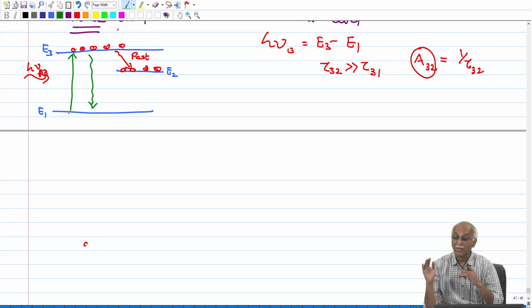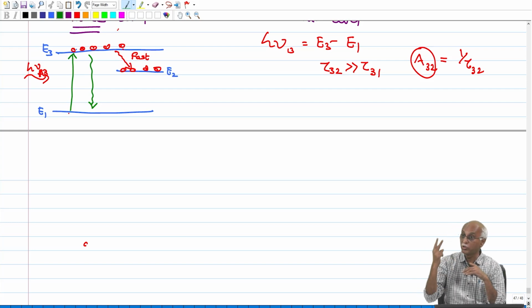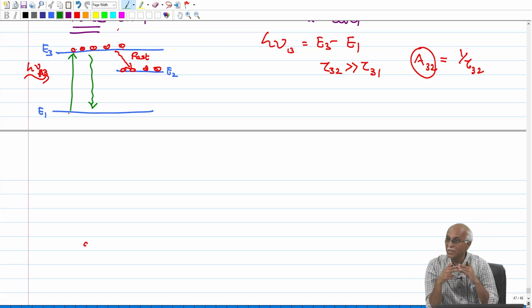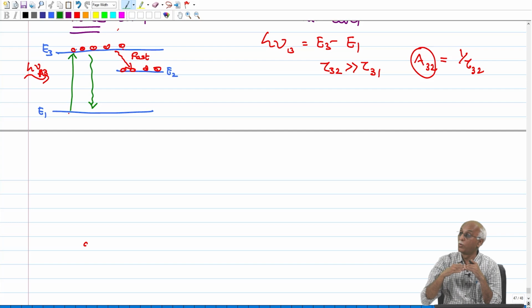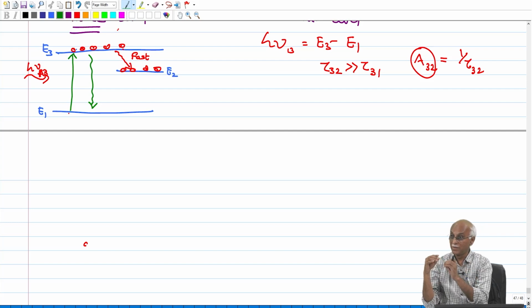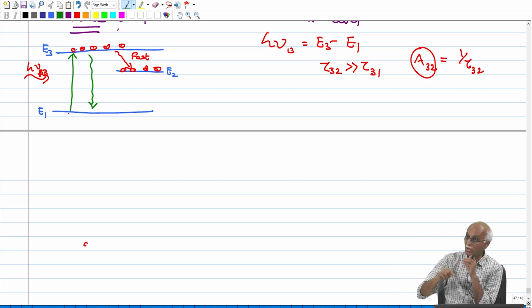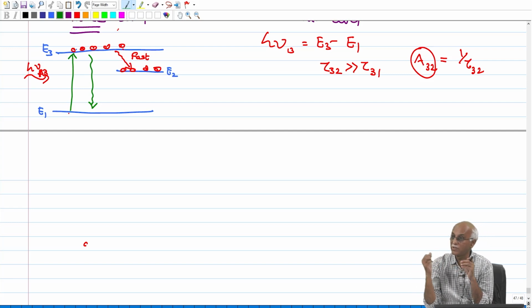When it is coming down, two things have to be conserved: energy and momentum. In a direct band gap material, the hole momentum and the electron momentum are almost the same, so there is not much momentum loss and the photon is emitted with the momentum matching.